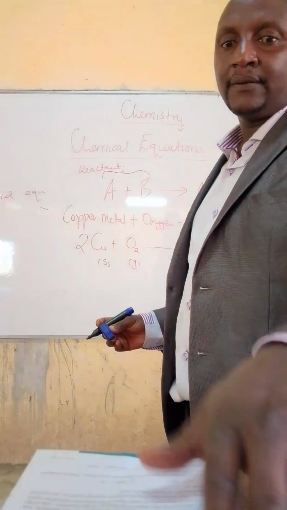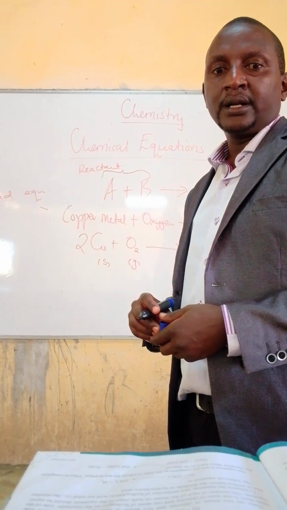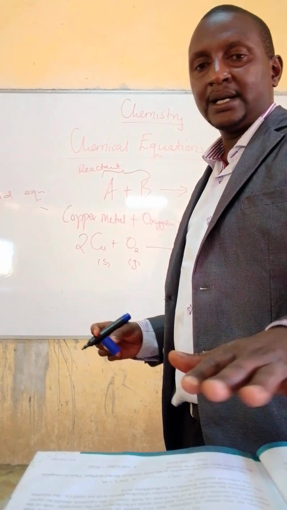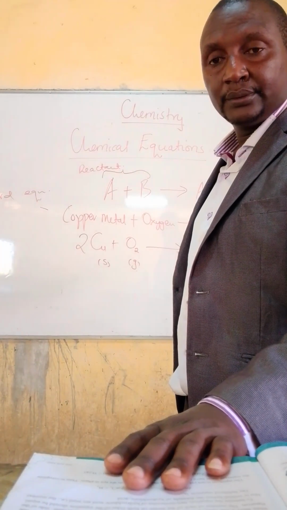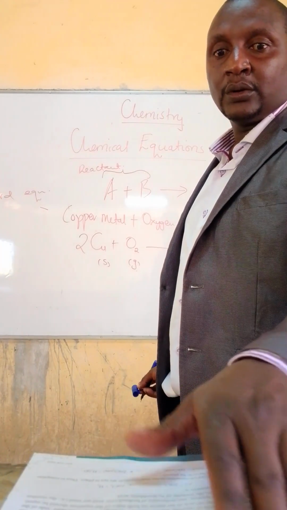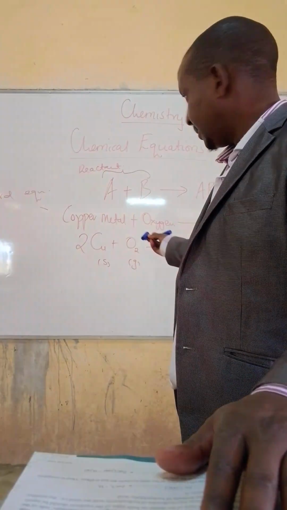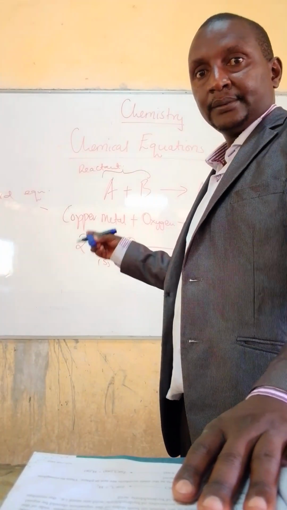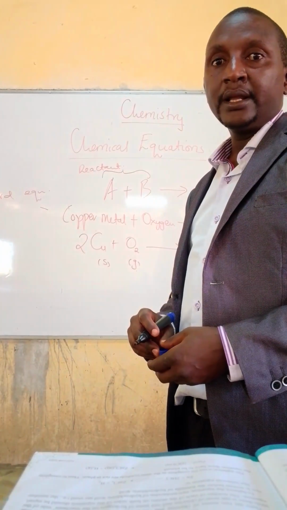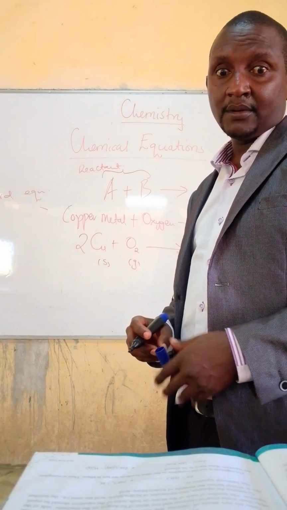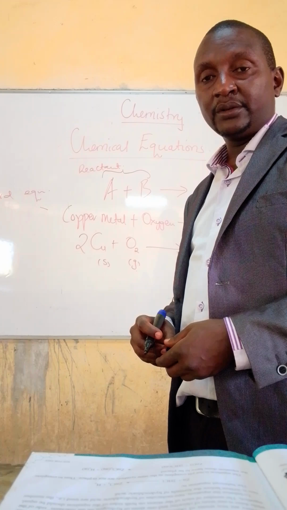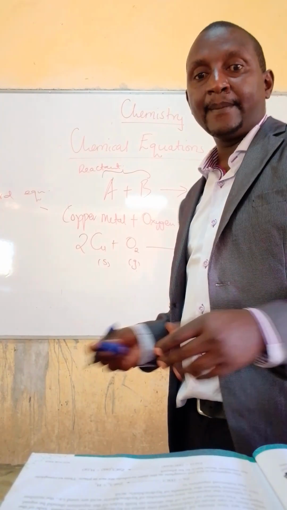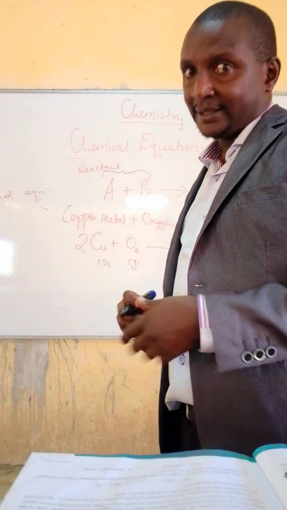Lastly, if we confirmed that it is not balanced, we looked for a common multiple number and introduced that number before the formula or the symbol. After doing that, the equation becomes balanced. You check to confirm, and lastly, you write their states.